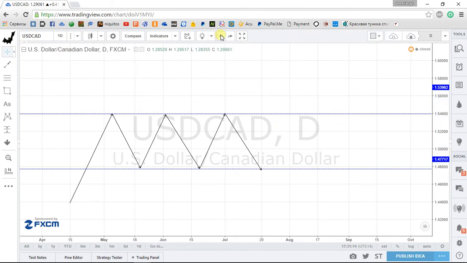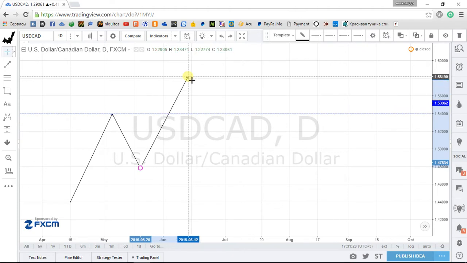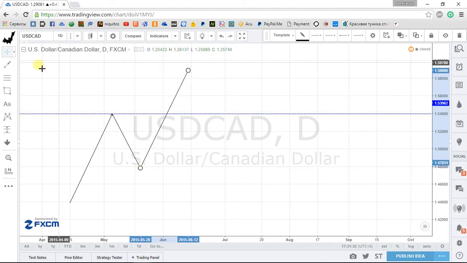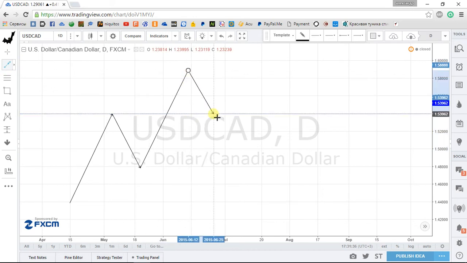Okay, so what is next? Let me show you the next thing. When price finally violated some level, first it bounced off that level, and then it violated the level, and after that the price came back to this level.